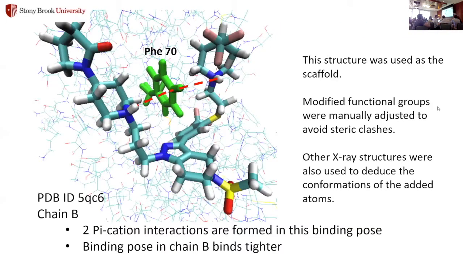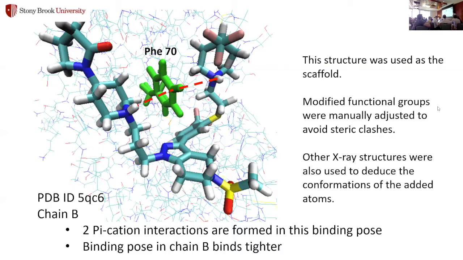The other thing is that D3R, for the free energy set, doesn't give us a reference PDB code that people can use to run the MD simulation. So I scanned a lot of PDB codes that have cathepsin S with similar ligands, and we decided to use this PDB code, which had 2 chains, chain A and chain B. The difference between chain A and chain B in this PDB is over here, the nitrogen, the conformation of this pyridine group.